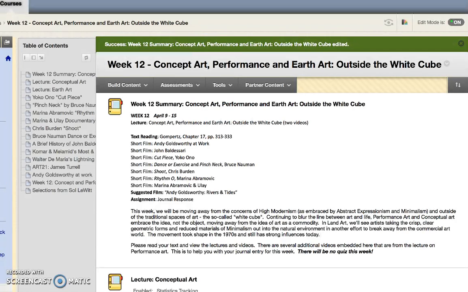This week we're going to be looking at concept art, performance, and earth art, sometimes called earthworks. This is art that emerges in the 1960s. By the time we get to the early 1960s, a number of movements are overlapping.